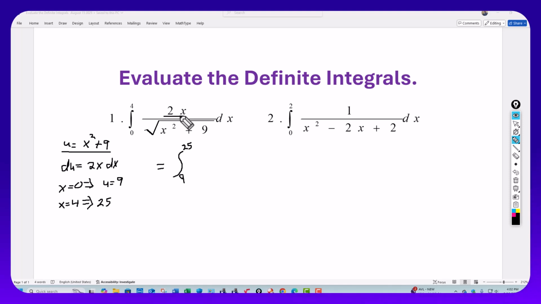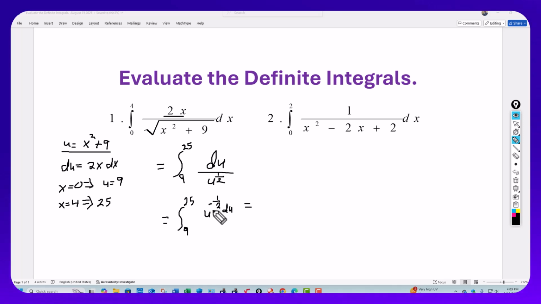So the 2x dx is replaced by du. And then the x squared plus 9 is replaced by u. So it has the square root of u, or I can write it as u to the 1/2. Again, limits from 9 to 25. And let's bring the u to the 1/2 to the numerator. That becomes u to the negative 1/2 du.